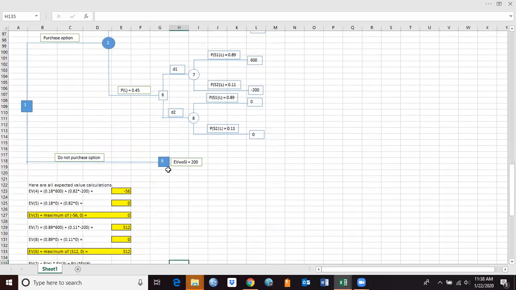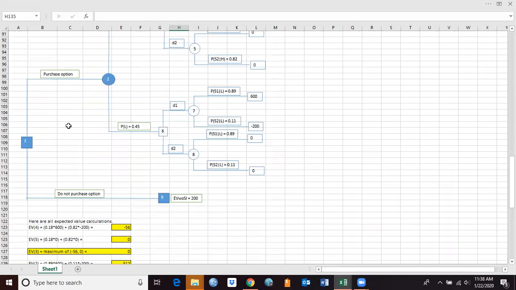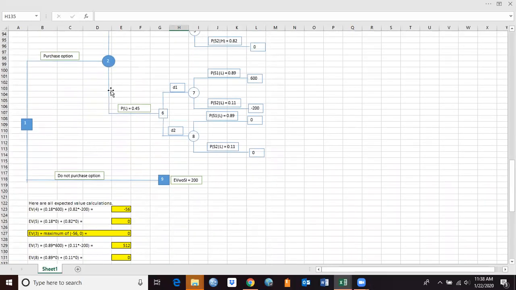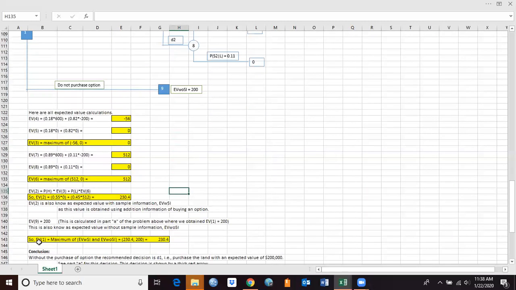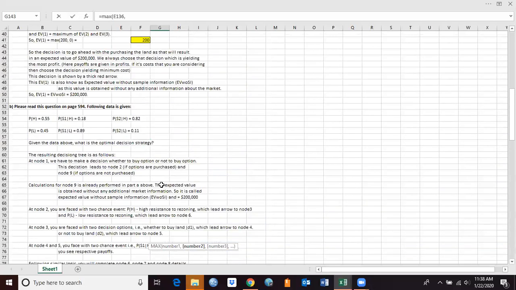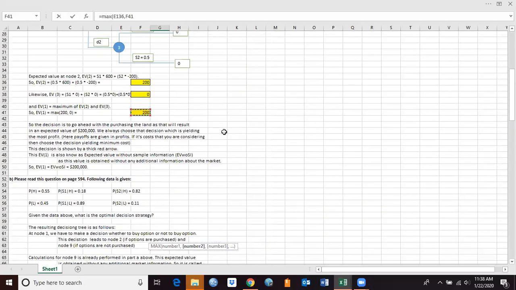Okay, so what is the expected value at node 1? Well, it's going to be the maximum of expected value at node 2 and at node 9, which is the maximum of expected value with sample information and without sample information, which was 200 here.